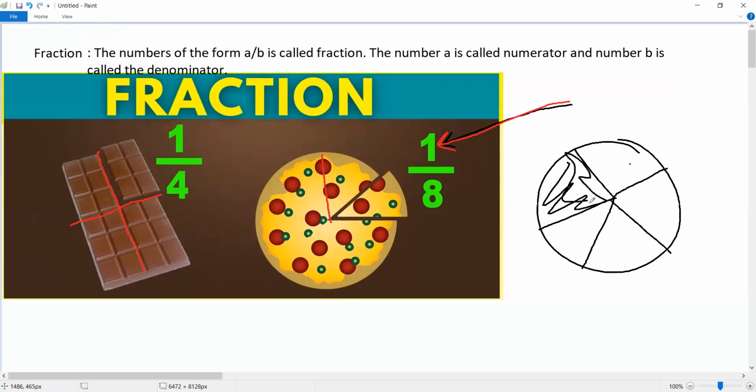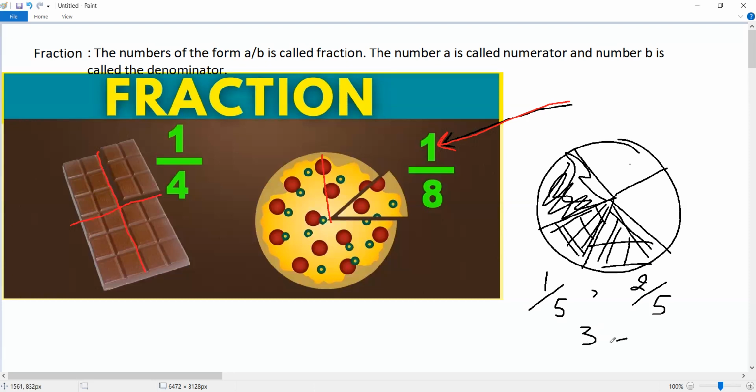Let me shade it. Then your fraction is 1 over 5. You have taken one piece out of 5 pieces. If you take another piece, then now your fraction is 2 out of 5, or 2 over 5. Similarly, 3 over 5. So this way a fraction is made.